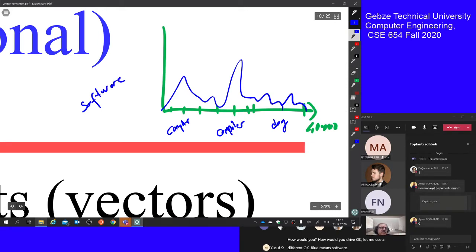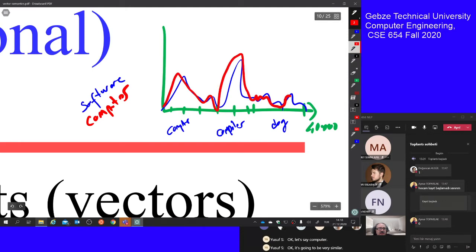I would like to draw the same distribution for another word, let's say computer. It's going to be very similar, something like that. So the distributions of software and computer are very similar.